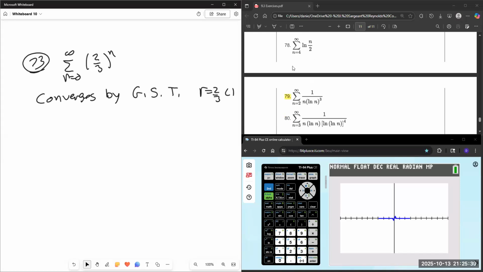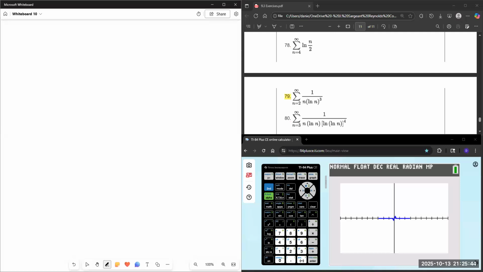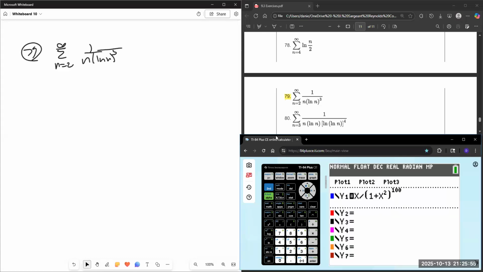For 79, we have the summation from n equals 2 to infinity of 1 over n times (ln of n) raised to the third. Let's take a look at this. 1 over (x (ln of x) raised to the third power).